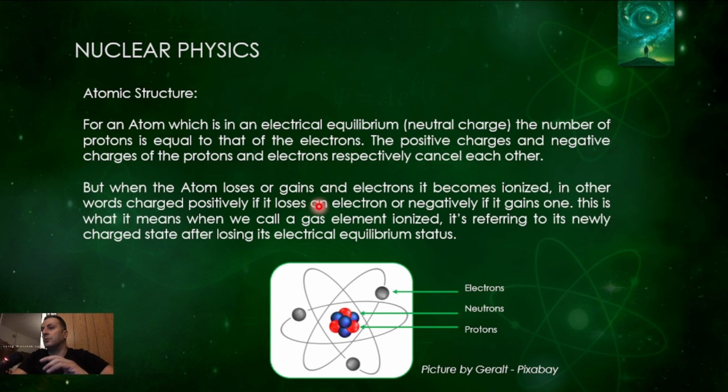But when the atom loses or gains an electron or a proton, it becomes ionized. Okay, this is N here, not n. It becomes ionized, in other words, charged positively if it loses an electron or negatively if it loses a proton. So this is what it means when we call a gas element ionized: it has a new charged state after losing one of its charged particles, whether protons or electrons.